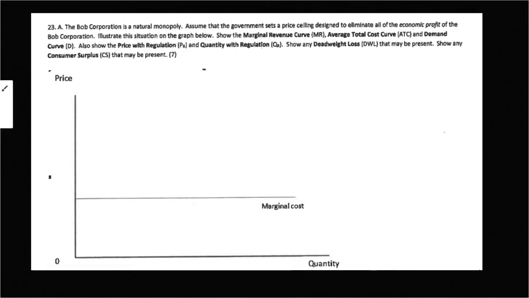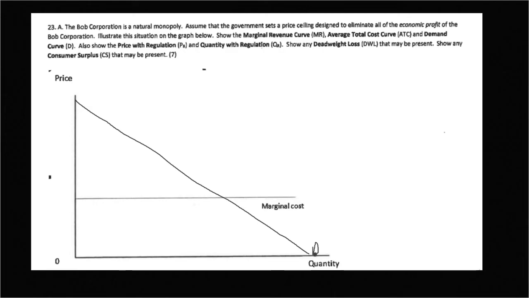We're going to be regulating a natural monopoly. A natural monopoly is something with a lot of fixed costs, and their marginal cost is not significant enough, so that's why it's constant.